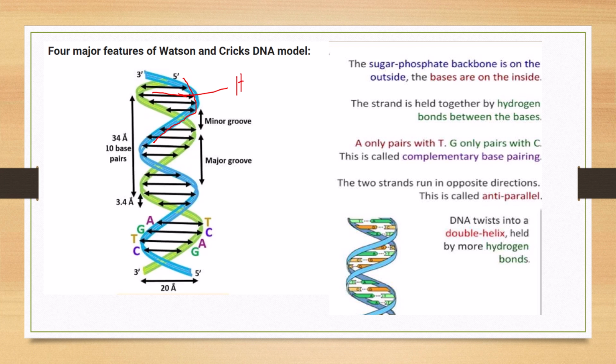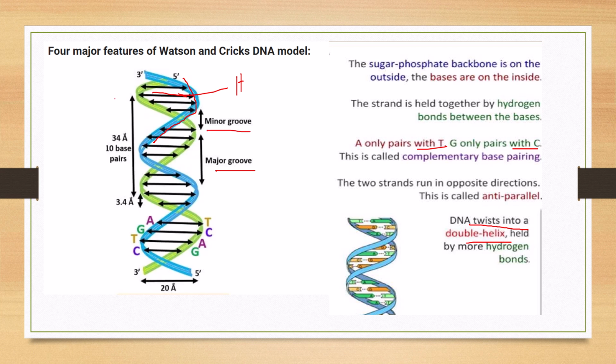A only pairs with T and G only pairs with C, which we call complementary base pairing. And the two strands run in anti-parallel direction. And the DNA twists into a double helix, which is held by more hydrogen bonds, leading to the formation of the major groove and the minor groove.